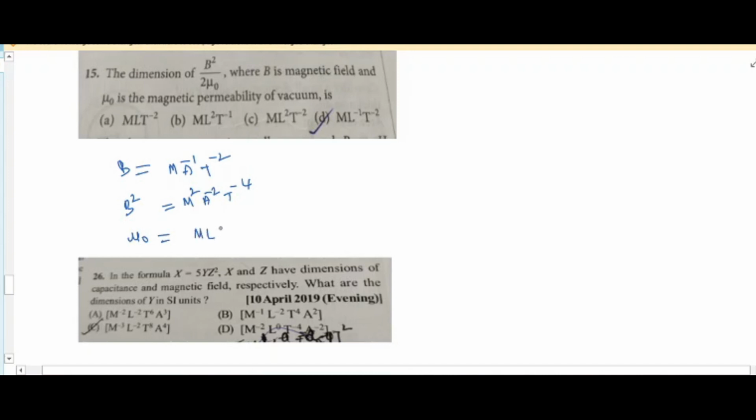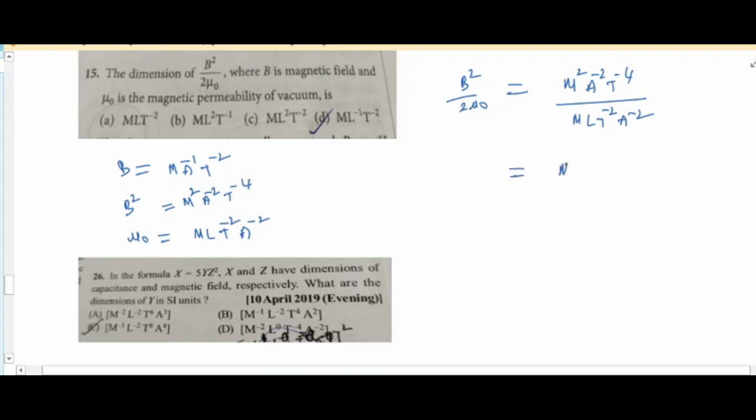Like that, mu naught is M L T to the power of minus 2 A to the power of minus 2. Therefore, B square by 2 mu naught is equal to B square, M square A to the power of minus 2 T to the power of minus 4, by mu naught, M L T to the power of minus 2 A to the power of minus 2.